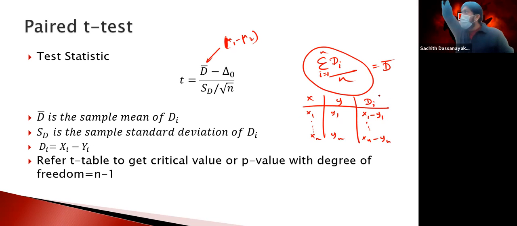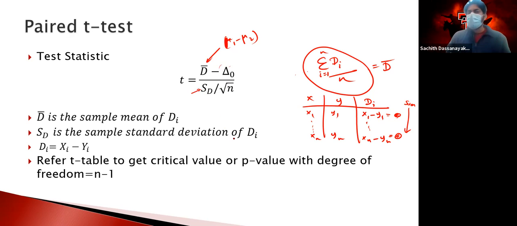After that, you add these differences and divide by the number of observations, the number of pairs. Then replace d bar with this value. Delta naught sometimes is 0, sometimes it is not; it is based on your question. If they have mentioned that the difference is greater than 5, then delta naught is 5. If there is no difference between those pairs, then it's going to be 0.